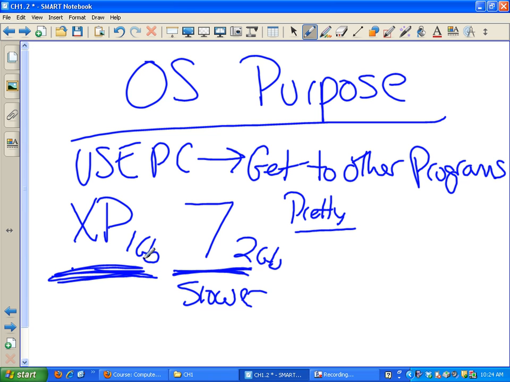XP is going away. They're ending support on XP. Are we going to have to move to Windows 7 someday? Yes. But it's expensive, even with our volume discount. It's $55 a PC, and I have 750 PCs. Let's do the math.